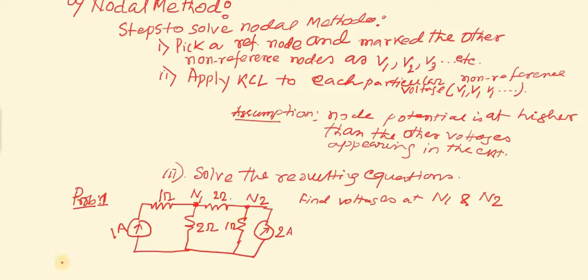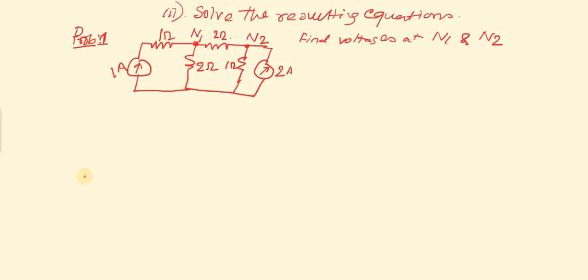Okay, now I try to find the solution of this network. We mentioned the certain steps to follow. In the first step, I told you that you need to find one reference node, and that reference node would be at 0 potential.